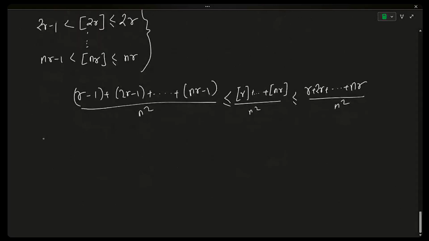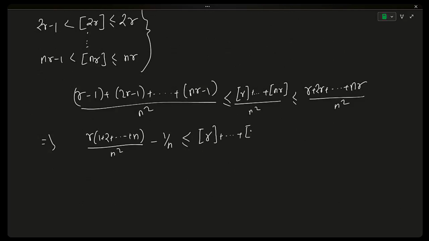So therefore the first function is nothing but r times (1 plus 2 all the way up to n) by n square minus 1 by n, because there are n ones and those become basically minus n by n square, which is 1 by n, less than or equal to the same thing, box of r all the way up to box of nr by n square, less than or equal to r times n into n plus 1 by 2n square.